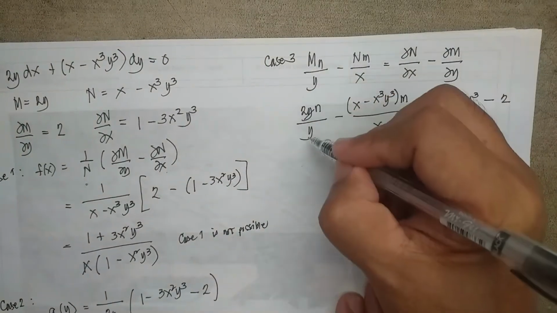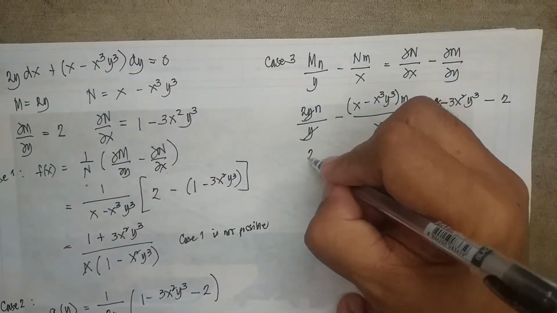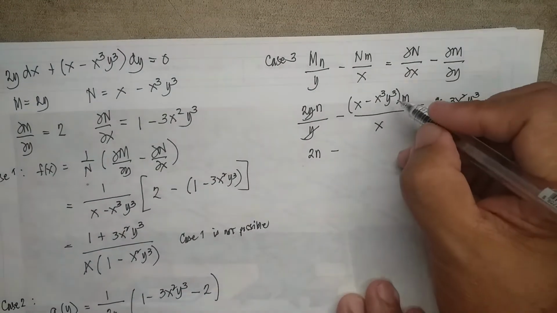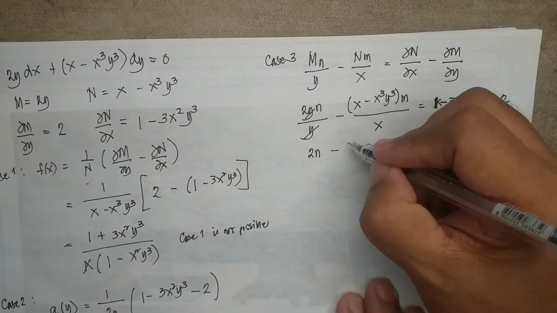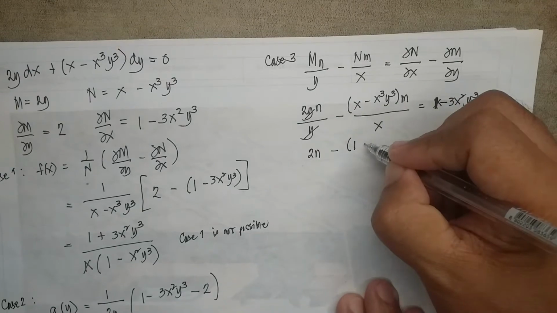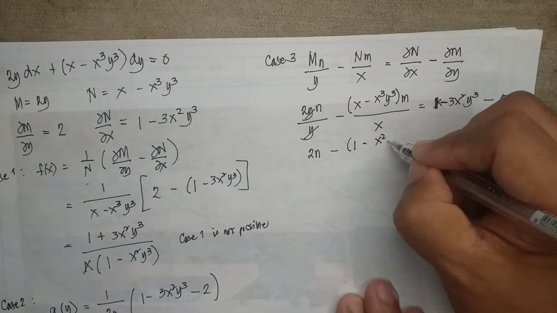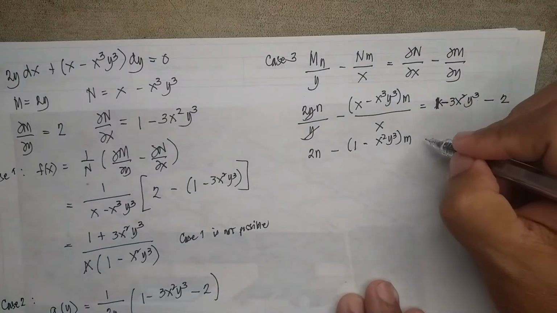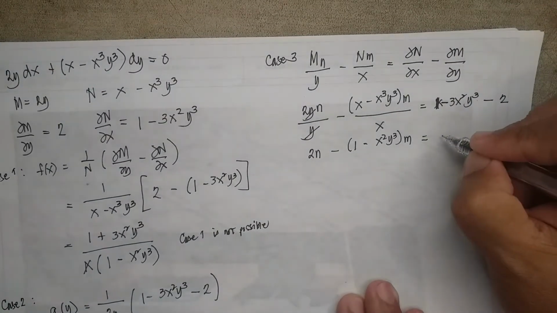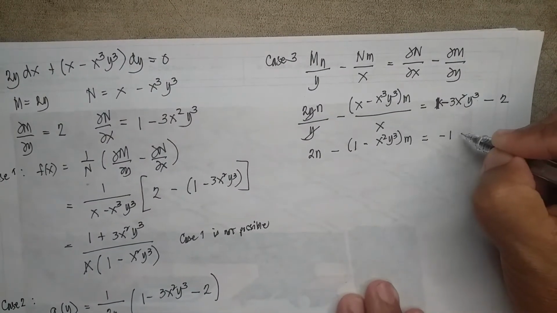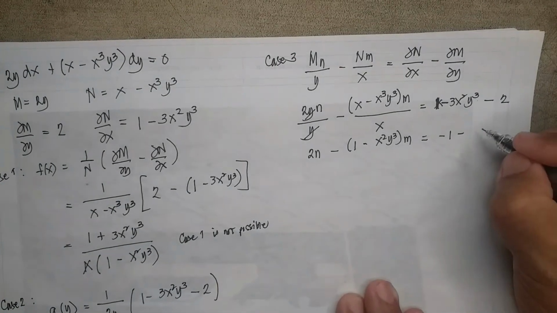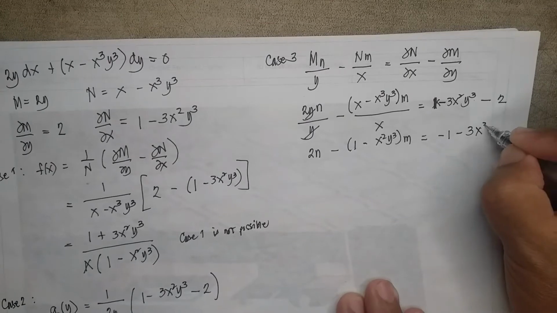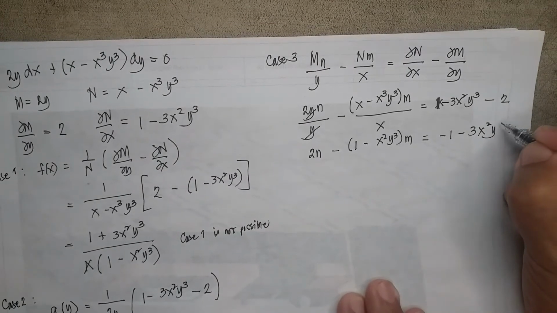So your y here and y here cancel. So we have 2m minus, if we factor out x, 1 minus x squared y cubed n is equal to negative 1 minus 3x squared y cubed.